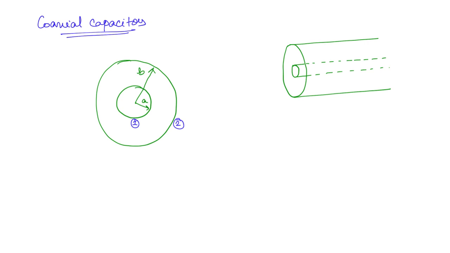So here first we need to find out the electric field, right? Only after we find the electric field we can use the formula for potential. So we will first find out the electric field. In order to find the electric field we are going to use the Gauss law. So for that what will you do? You take a Gaussian surface which is a cylinder, and the radius is rho.